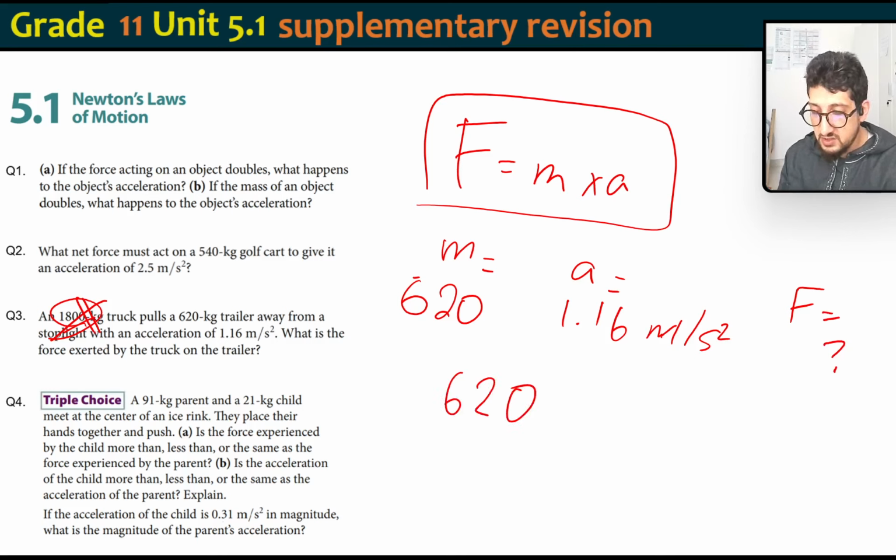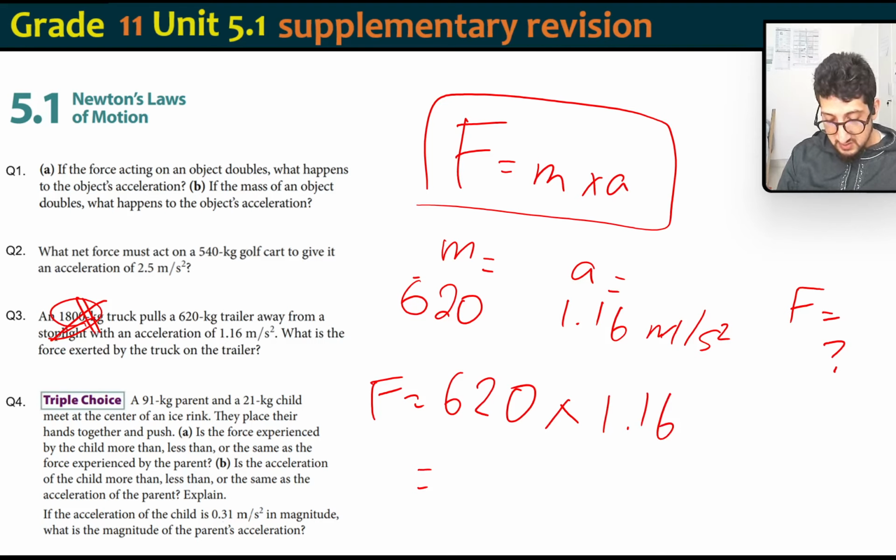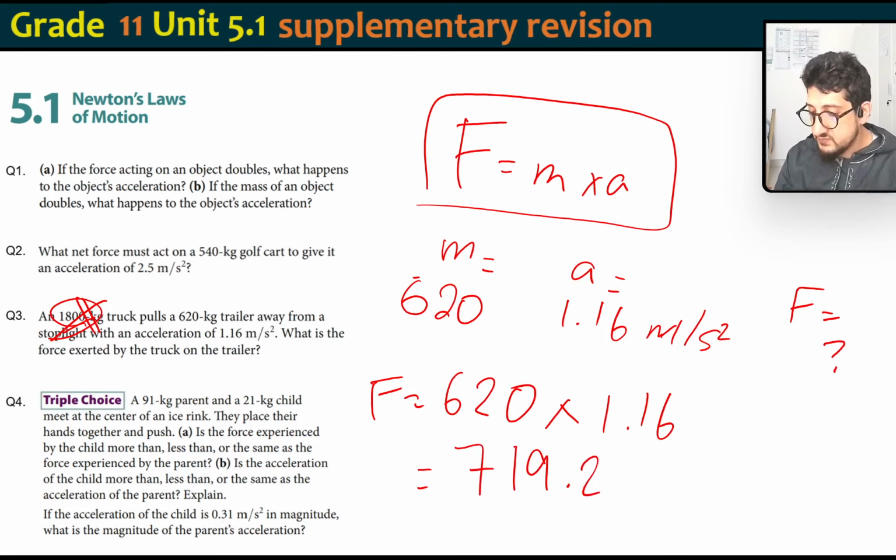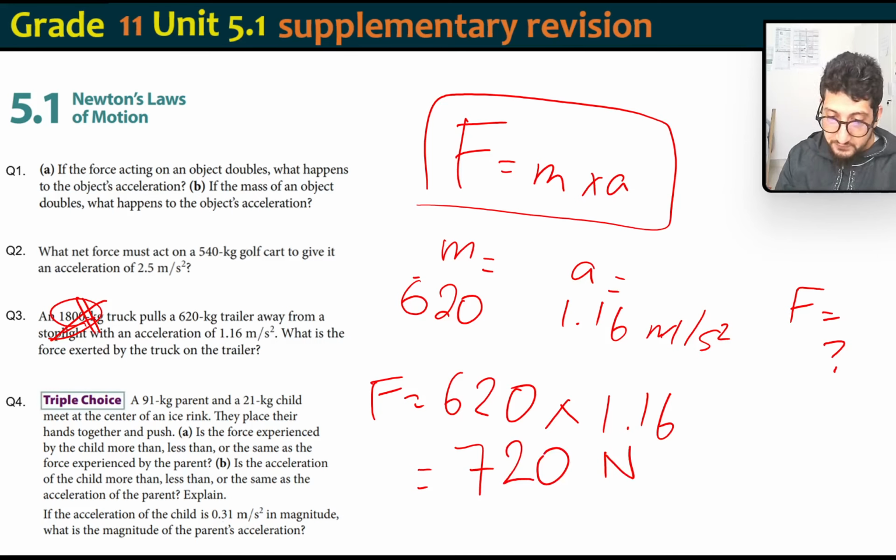F equals 620 times 1.16, and that will give me the force, which will be 719.2. Now we are working with two significant figures, so 720 newtons. Okay, and that's how you do that one. Hopefully not too hard.